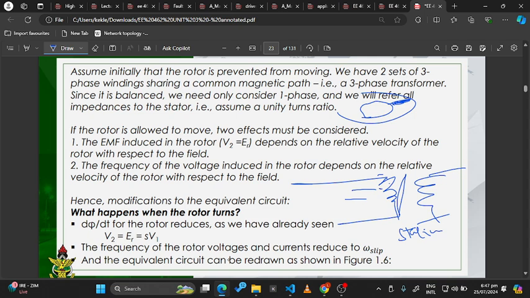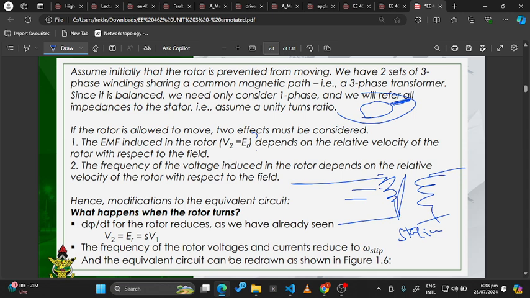Now we've looked at it at standstill. The moment the rotor begins to move, two things are going to happen. First, the induced EMF in the rotor will depend on the relative velocity between rotor and field, which I've already explained. Now you are going to get a certain voltage. That voltage we said is a fraction of the EMF at start, and that fraction was the slip.